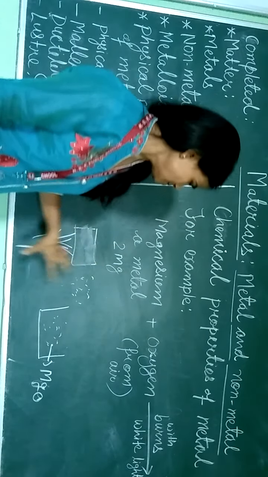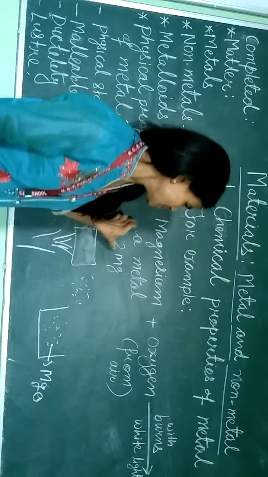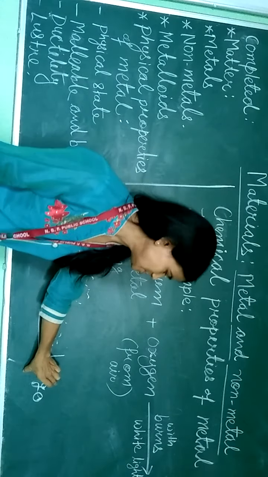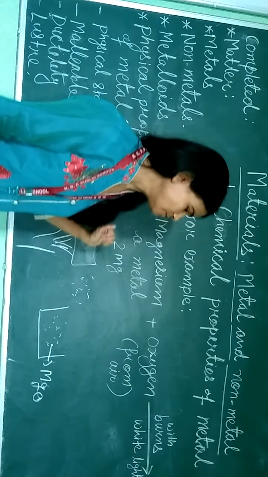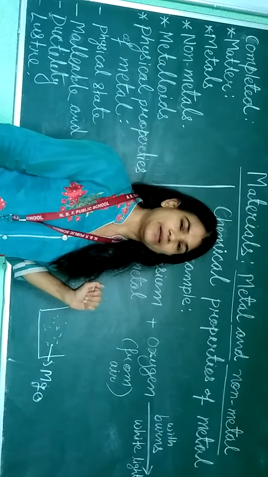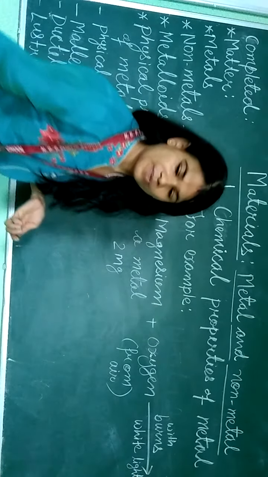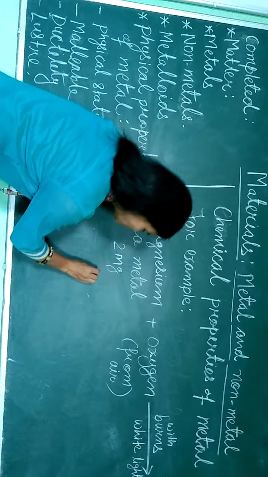Let's take one activity. What is the nature of this magnesium oxide? When magnesium reacts with oxygen it makes magnesium oxide, so what is the nature of this metallic oxide? We take a boiling tube.